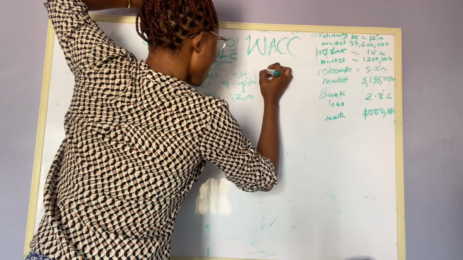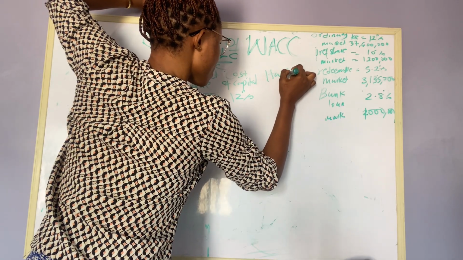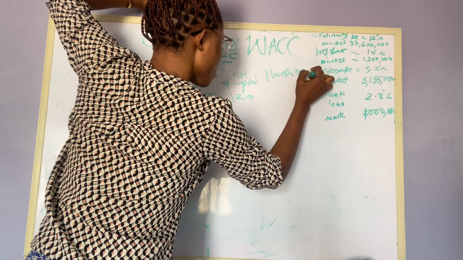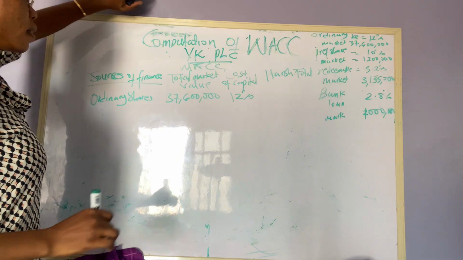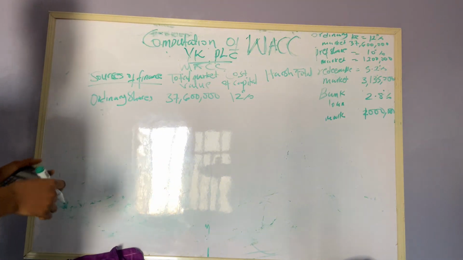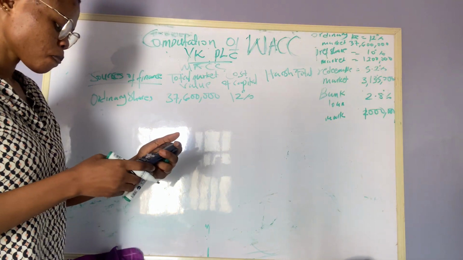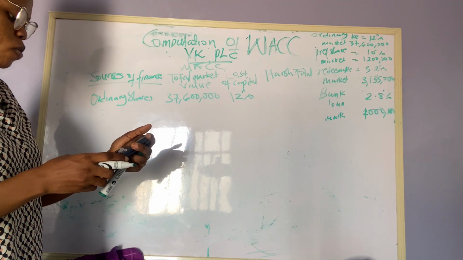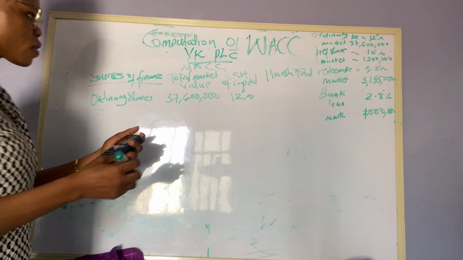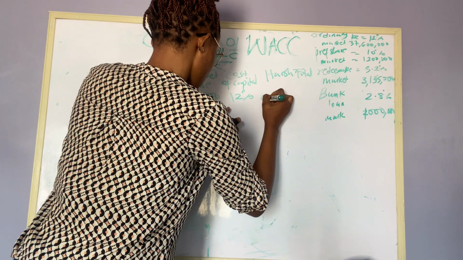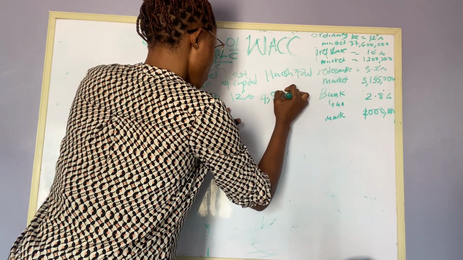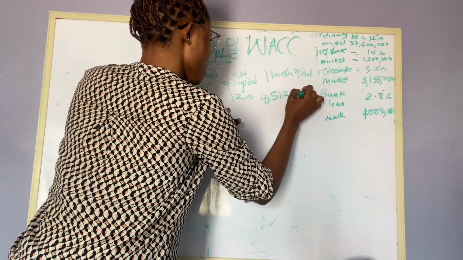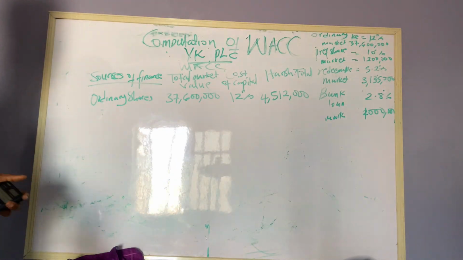So we now have our hash total. 37,600,000 times 12% is going to give us 4,512,000.